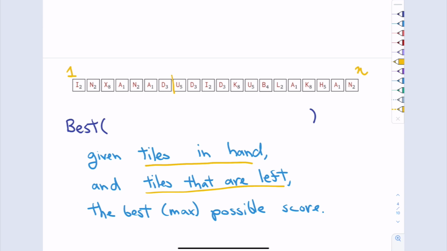Yeah. Would it be the 7 consecutive tiles minus the ones that you use to make a word? Yes, okay. So definitely the beginning, it's kind of very easy.